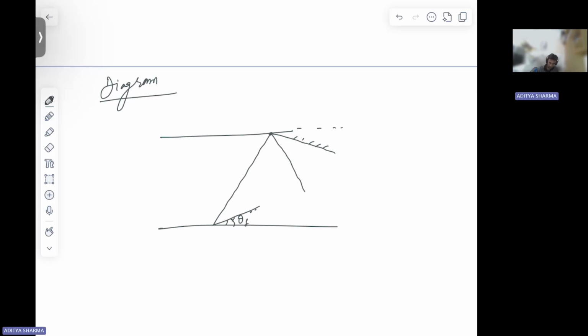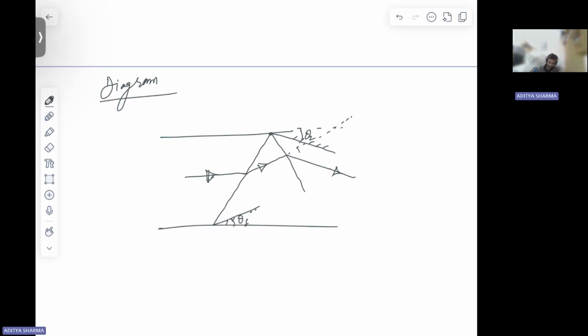So first, your flow moves in this direction. Then it moves in this direction. Then it moves in this direction. This is theta 2.